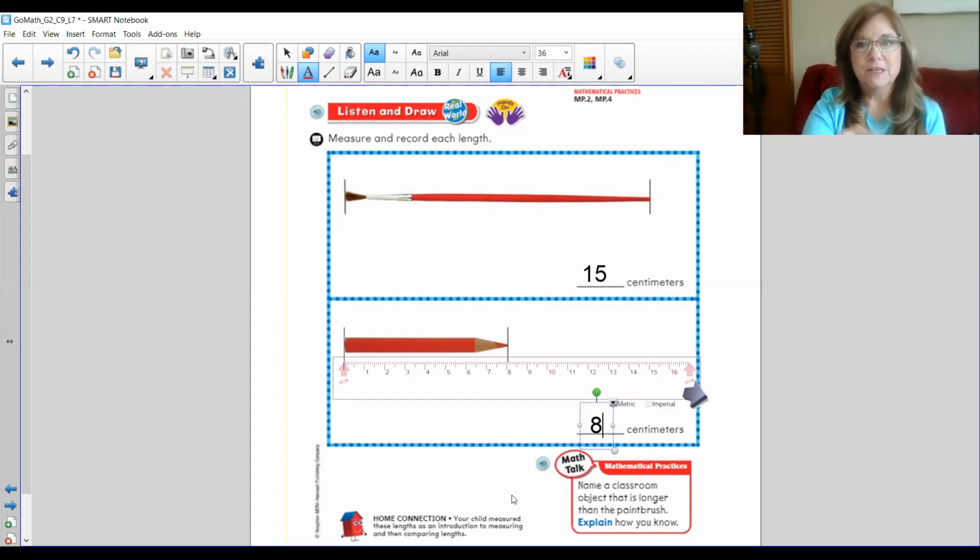And in the two objects that we see on our paper, the paintbrush and the pencil, which one is longer? The paintbrush. And which one is shorter? The pencil.